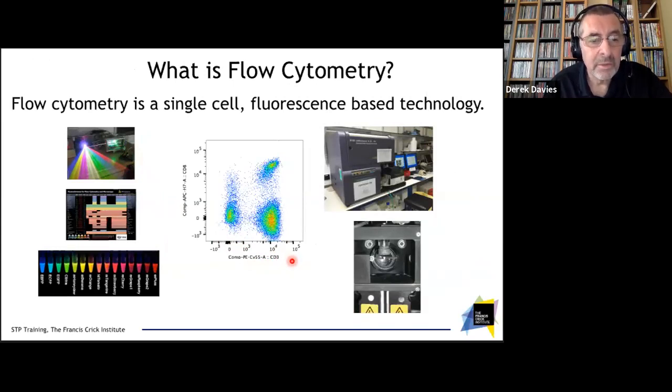We can use flow cytometry to look at anything as long as we have a fluorochrome that we can attach to our cell or some aspect of our cell. And our cytometers can be either analyzers, where we get information, or they can be sorters, where we can retrieve our cells. I'll primarily be talking today about flow analysis or analysis of apoptosis.